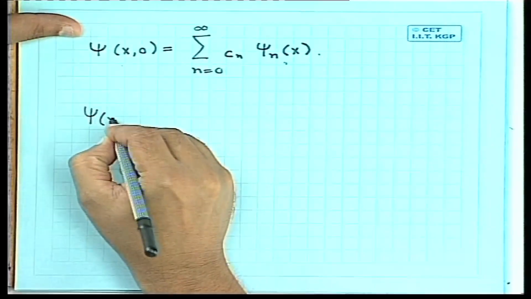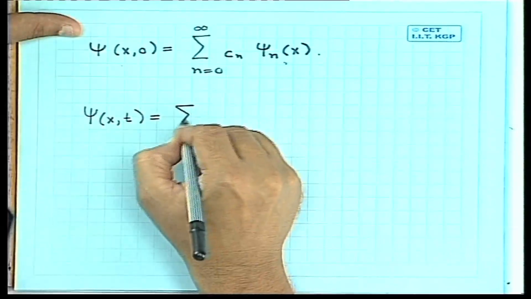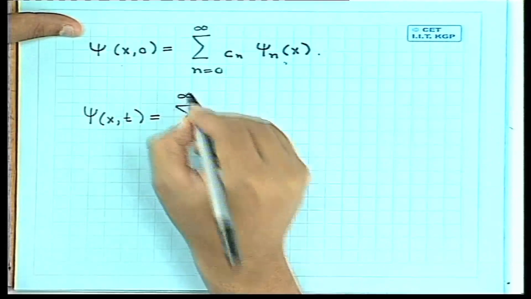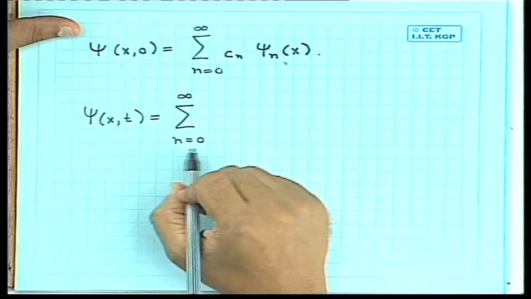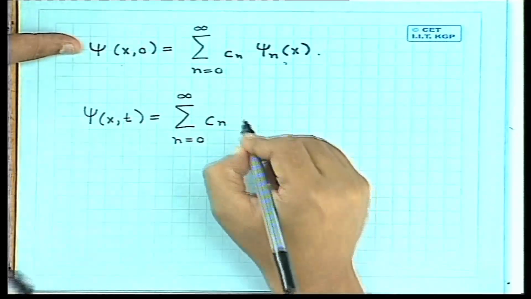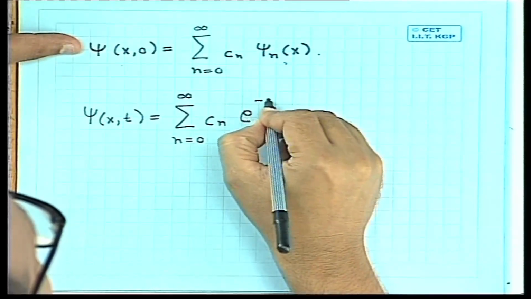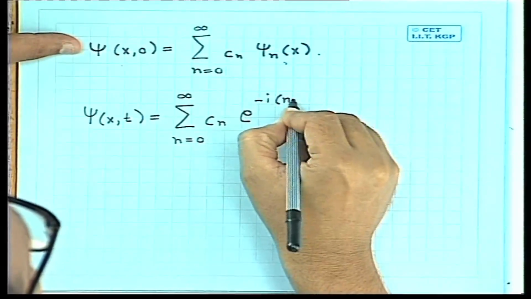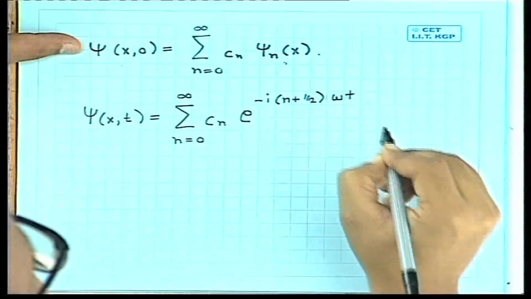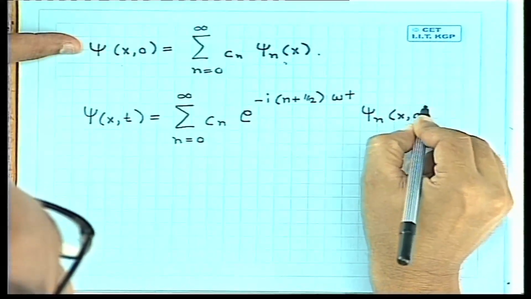This gives us the fact that psi(x, t) is equal to the sum over n going from 0 to infinity of C_n e to the power minus i (n plus half) omega t, times psi_n(x).